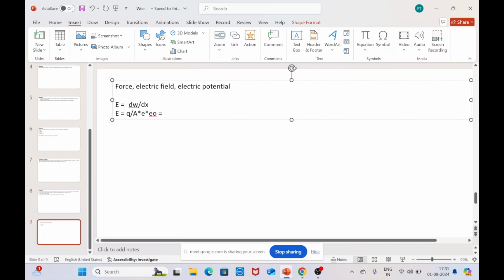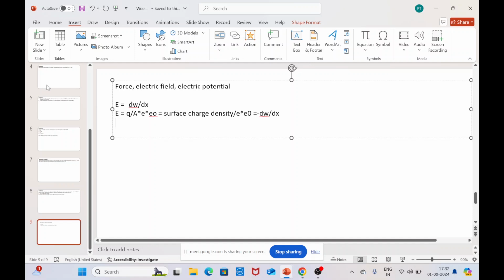So that will become your surface charge density by epsilon times epsilon naught. This is equal to minus the differential of your electric potential, I mean, the gradient of electric potential.